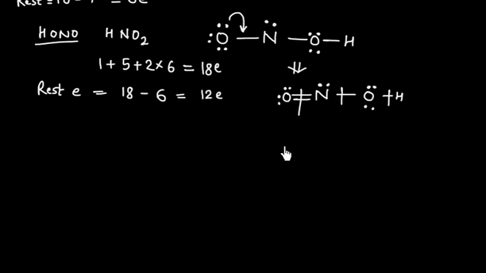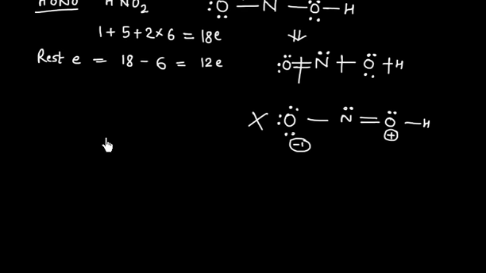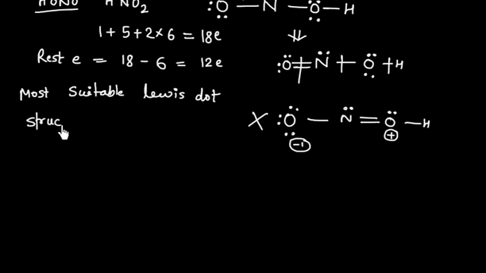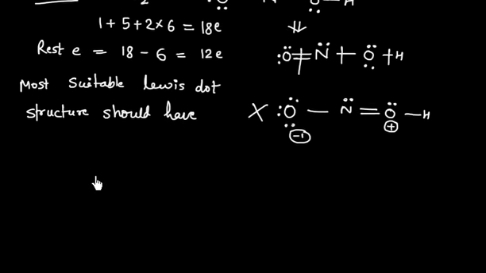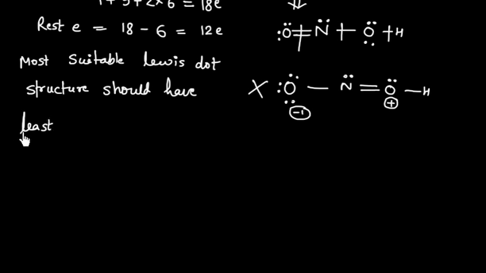But if you make the double bond from the other side, then this oxygen will have a plus formal charge and that oxygen will have a minus 1 formal charge, and that's why this is not a good Lewis-Dot structure, because the most suitable Lewis-Dot structure should have the least formal charge.